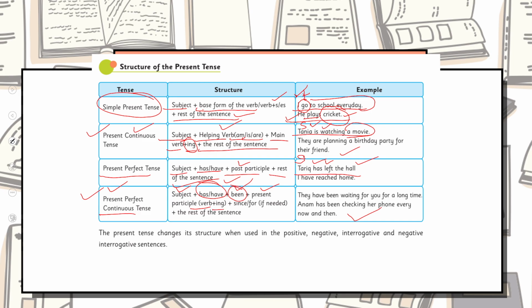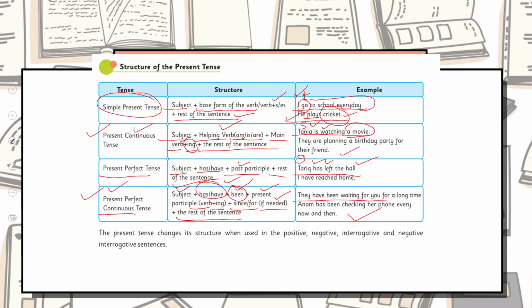You add ing with it, plus since or for, to show how long the action has been happening, only if it is needed. It means that there are sentences of present perfect continuous tense which do not have since or for, plus the rest of the sentence. Let's look at this one example.